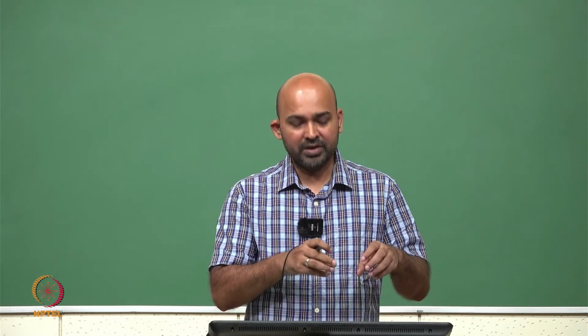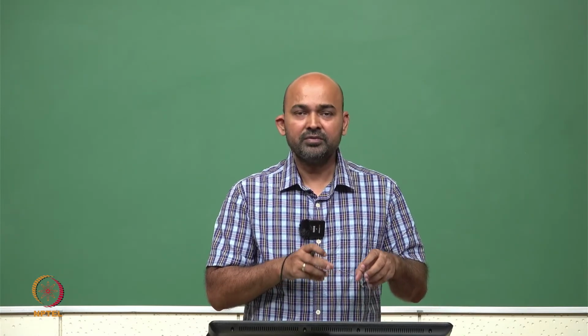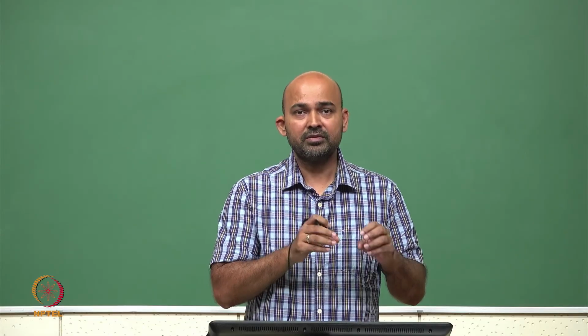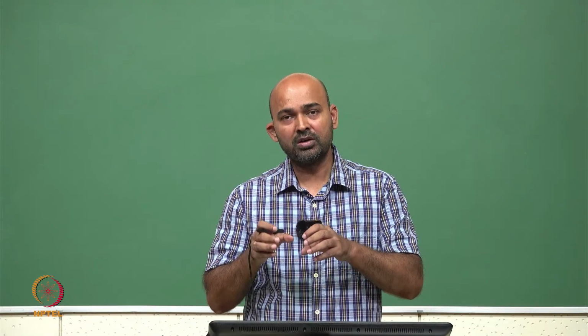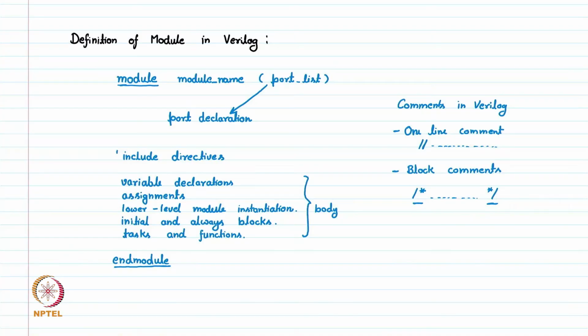Then we have functional declaration. We have defined variables which we will use inside the block to solve certain equations. Assignments, lower level modules, we can call a lower level module in this module. For example, we are making a bigger system which is using 10 smaller systems like AND gate, NOR gate, small ALU, multipliers, adders.